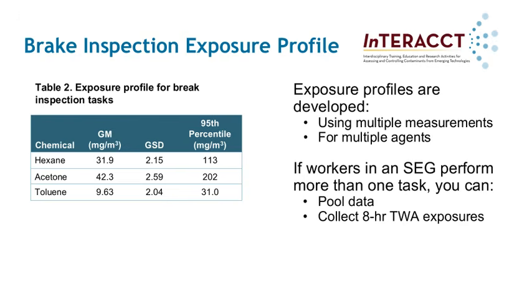If workers in an SEG perform multiple tasks, exposure assessment needs to account for all tasks over the work shift. The hygienist can address this challenge by combining exposure data from different tasks to estimate representative 8-hour time-weighted average exposures. Or the hygienist can measure exposures for full 8-hour shifts during which workers perform the different tasks.